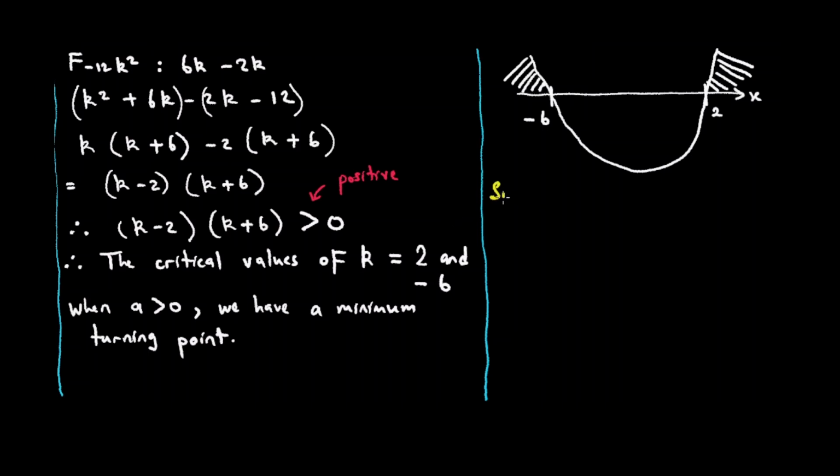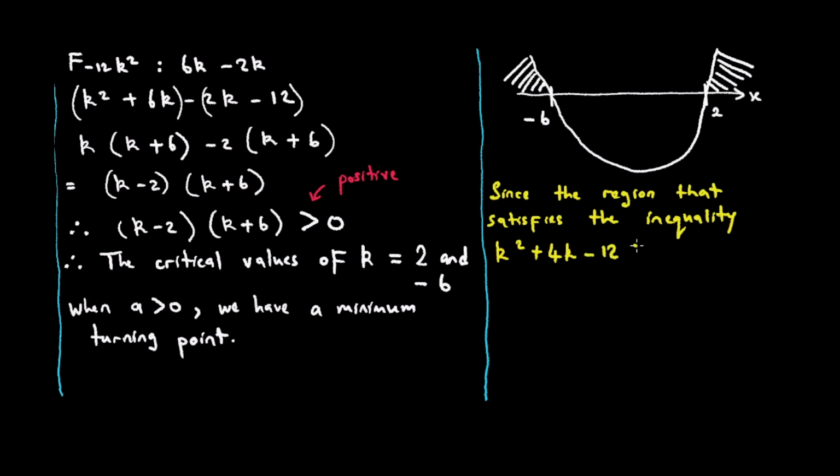Statement racho riri kuti, since the region that satisfies the inequality k squared plus 4k minus 12 greater than 0 is positive. Mind you, this is the easier interpretation of this.